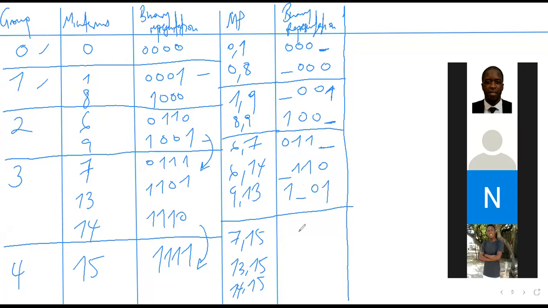This is 9 and 13. Then we have 7 and 15: dash, 1, 1, 1.